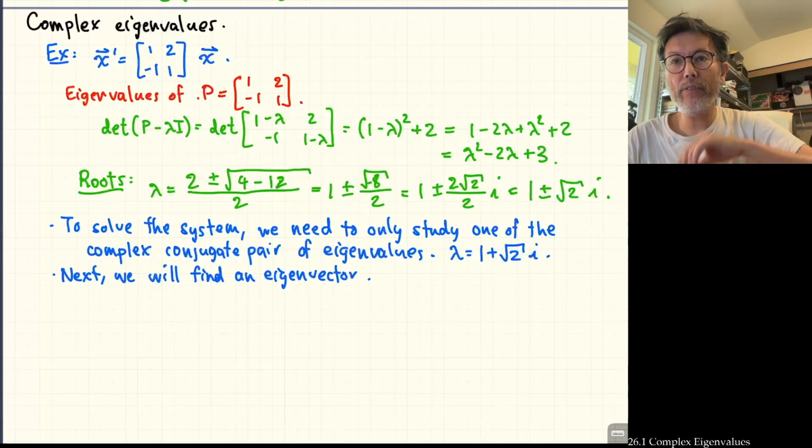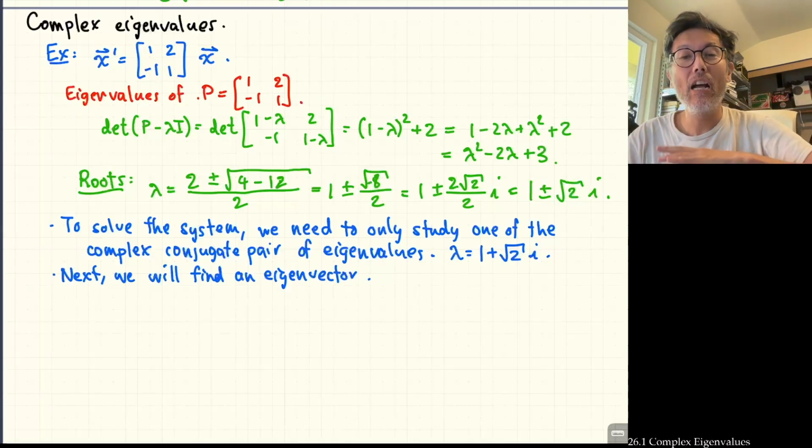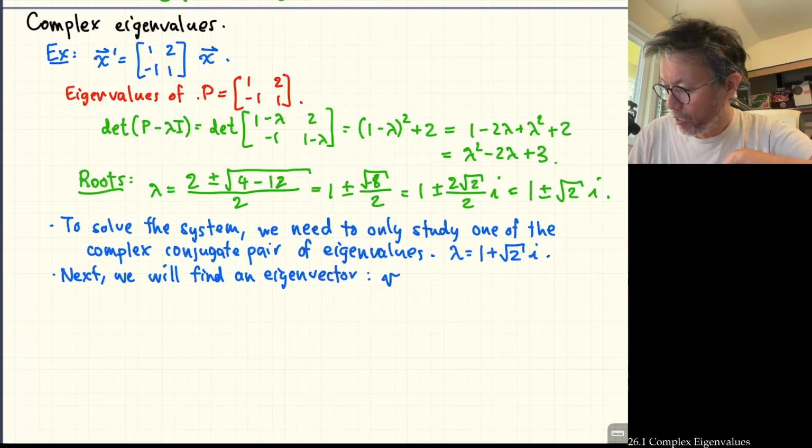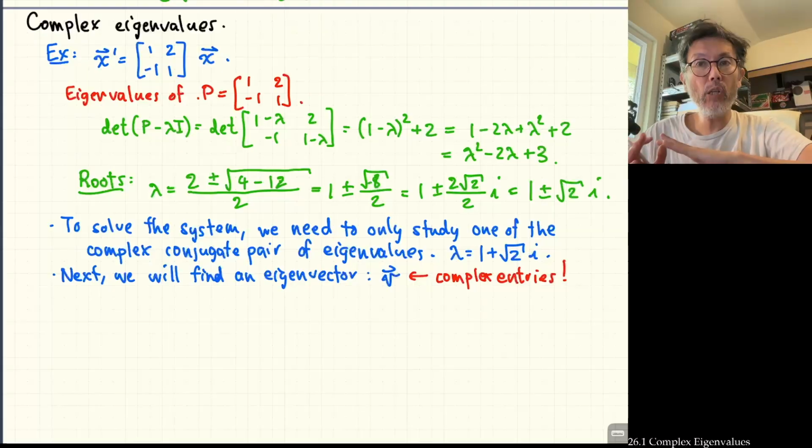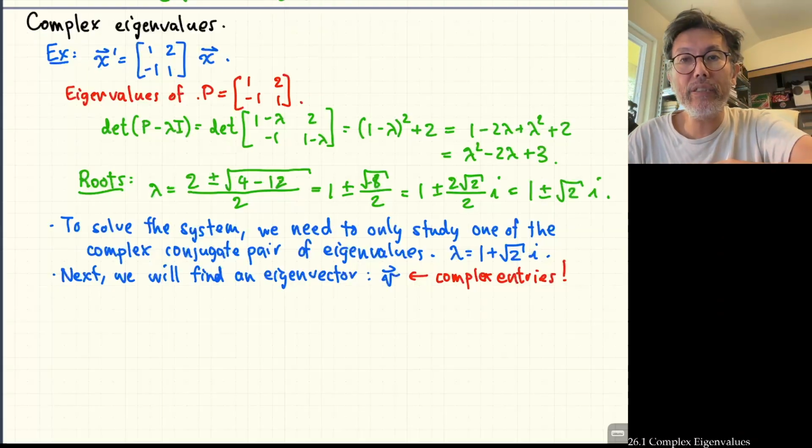I don't know what the eigenvector is yet. I haven't computed it yet. But let's just call it v for now. And this v may very well have complex entries in it. It might very well have complex numbers as the entries in v.